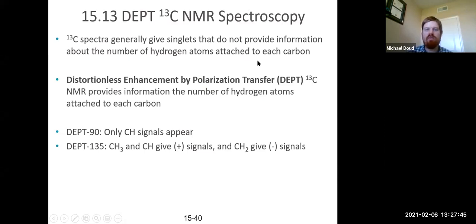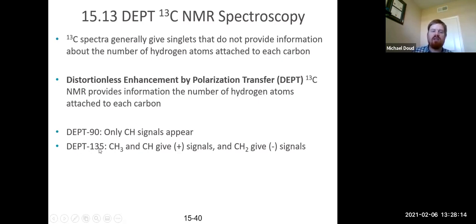Okay, so I'll just briefly mention DEPT. We don't use it here at City College, but you may come across it in the future. DEPT can tell you basically the number of hydrogen atoms that are attached to each of the carbons. Basically it's a different waveform that you shoot at the sample. If you use DEPT 90, you're only going to get carbons that are bonded to a hydrogen.